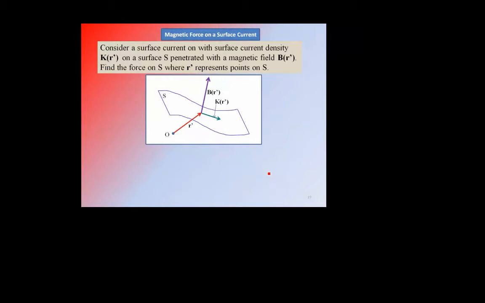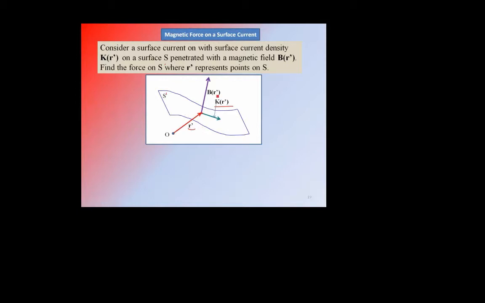As we did before on the volume charge density, let's look at the magnetic force on a surface current. We consider this surface current, the vector K(r'), on a surface S'. We want to know the force on S', where the position we're talking about is defined by the position vector r' relative to the origin.